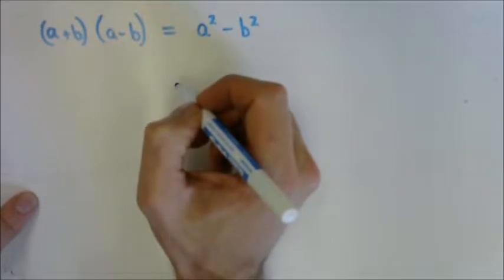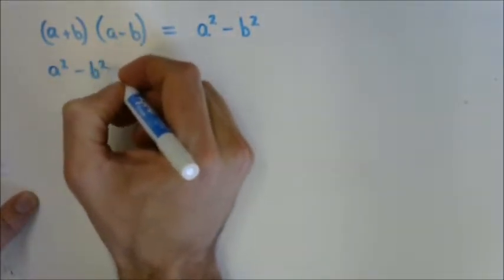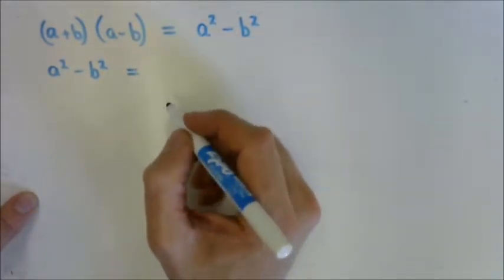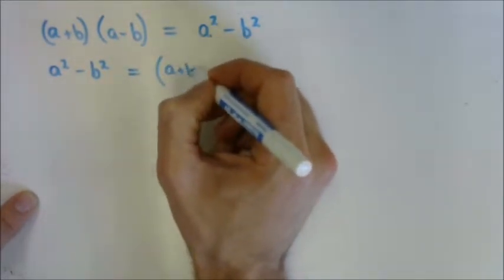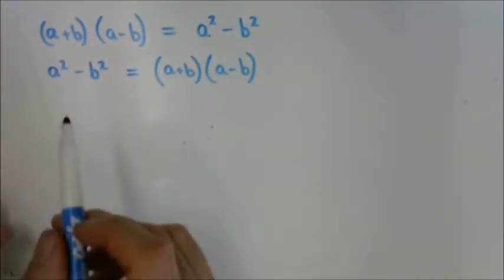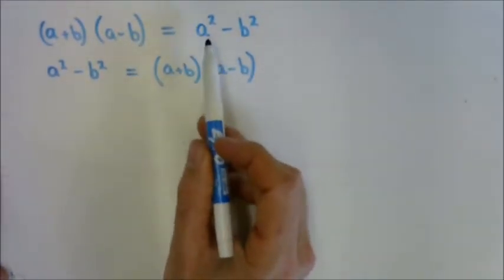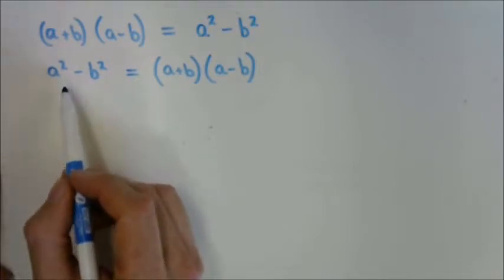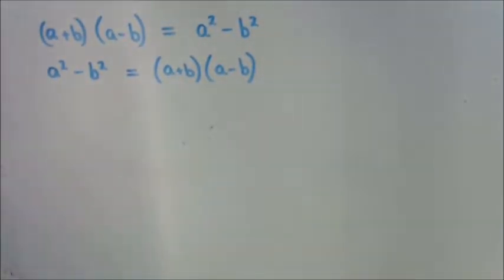What's also true then is that a squared minus b squared equals what? Okay, so if you ever identify the product of a sum and difference, you know it equals a difference of squares. If you ever identify a difference of squares, you know it's going to be factored into the product of a sum and difference.